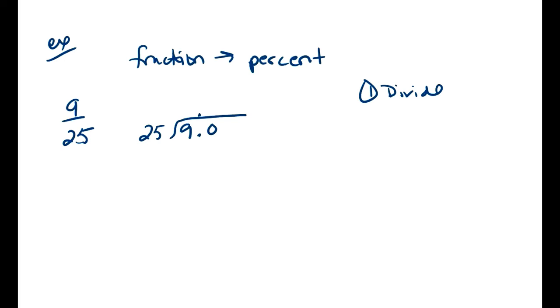And you ask yourself, how many times does 25 go into 90? And it should go 3 times. And then you multiply down. 3 times 25 gives you 75. And then you subtract. Well, in this case, you're going to have to borrow. And then we're going to add another 0 here. And then 25 goes into 150 6 times.